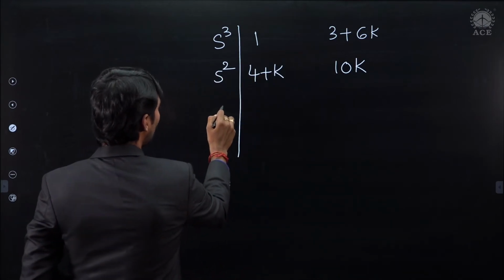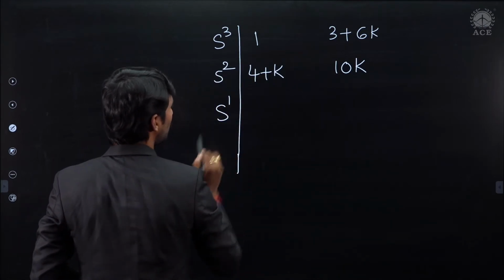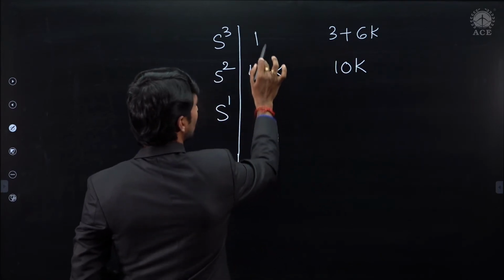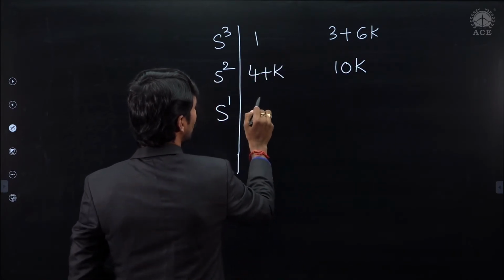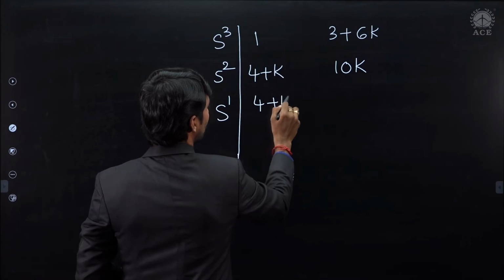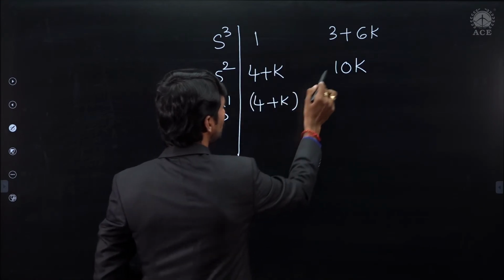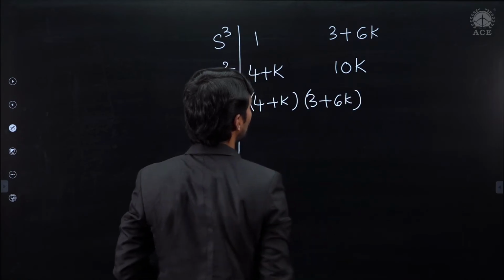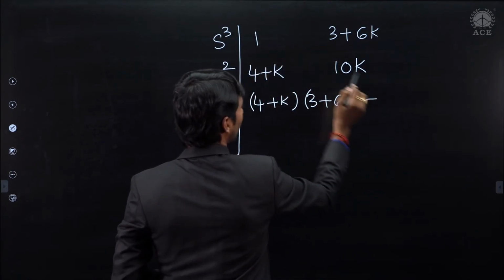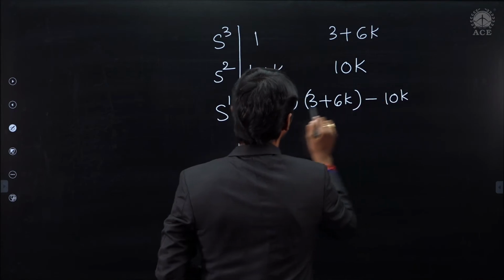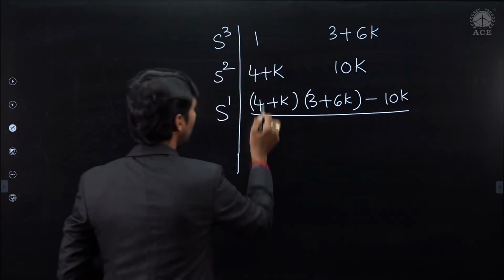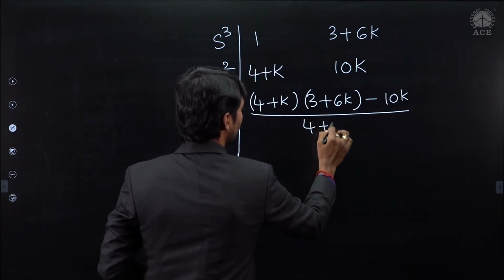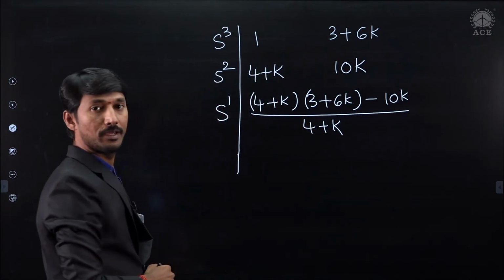Now, what will be the value of S power 1? Here, this into this, BC minus AD. So (4 plus K) into (3 plus 6K) minus 10K into 1, divided by 4 plus K.